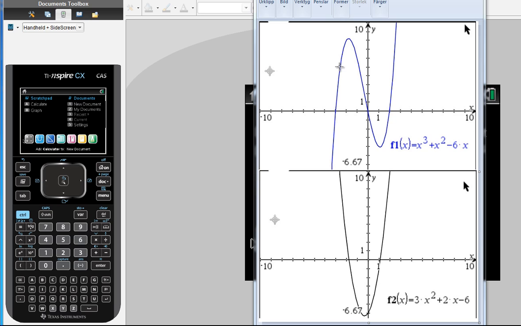So we have a positive derivative until we come to the maximum. Up here the derivative is equal to 0, and then it's negative because the curve is decreasing until we come here, the turning point in the minimum. The derivative would be 0 here, and here the derivative would be positive again because now the function is increasing.